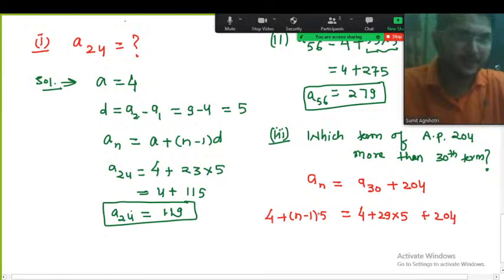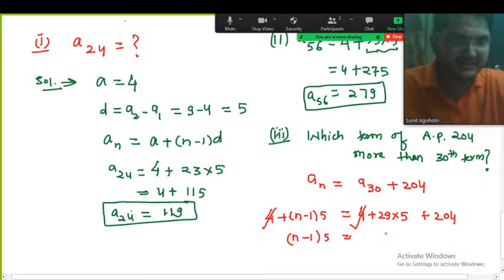Now the 4 can be subtracted and cancelled. Now we have only (n minus 1) multiplied with 5, and here we have 29 multiplied with 5, that is 145, and then we have 204.